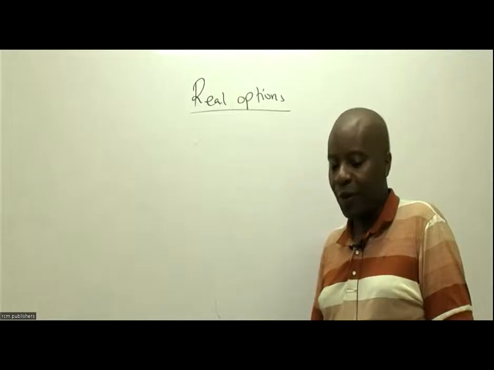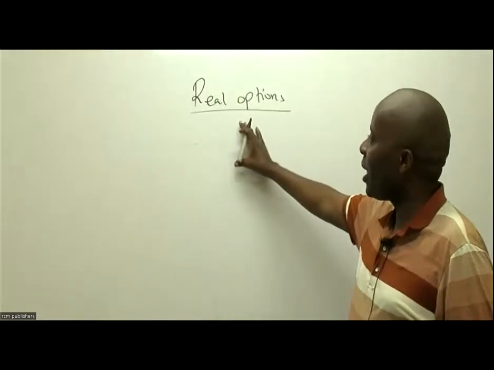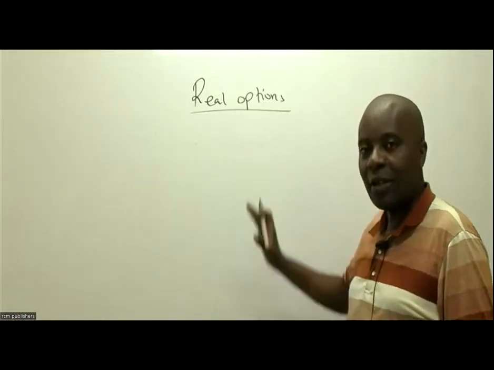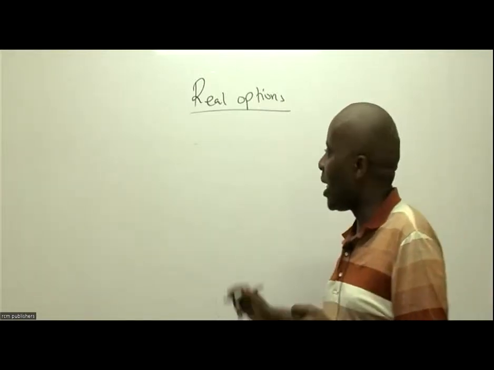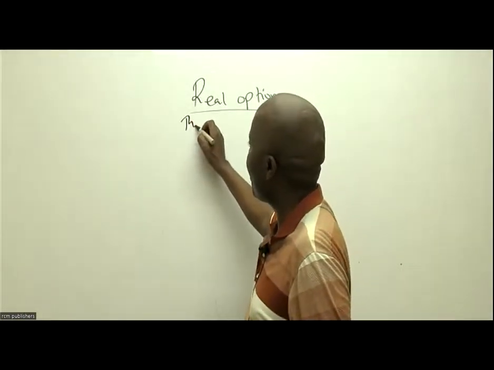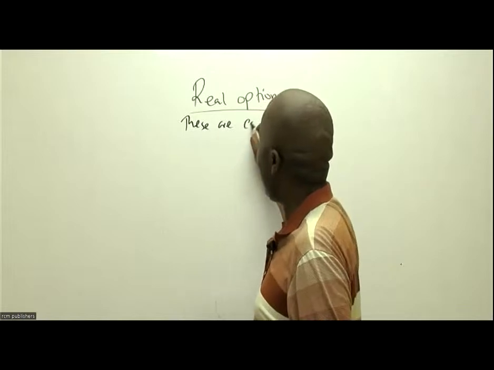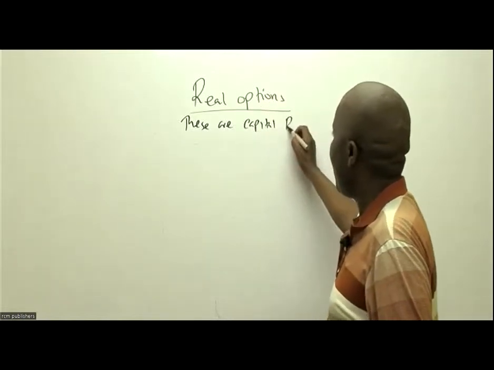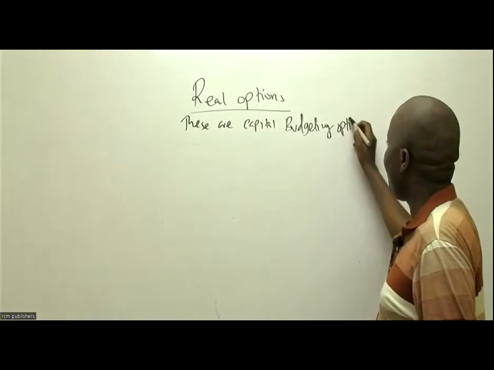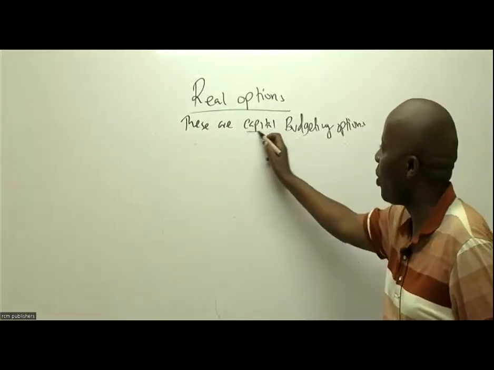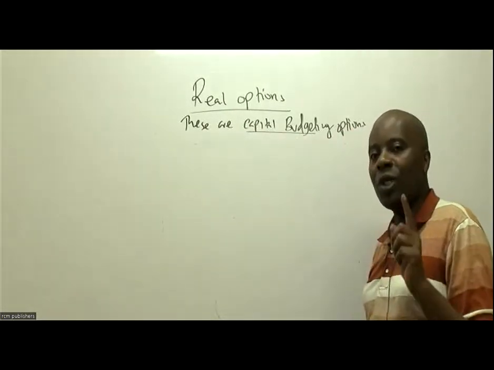So when we talk of real options, these are basically options that are classified under capital budgeting. These are capital budgeting options. So when you talk of capital budgeting, of course, capital budgeting is all about making decisions using what here?